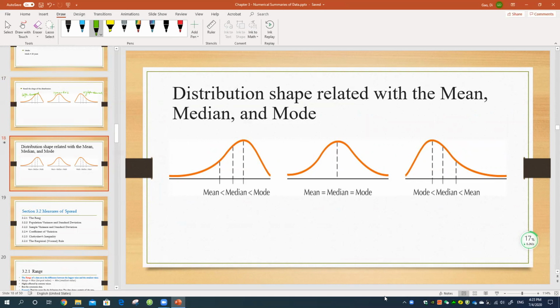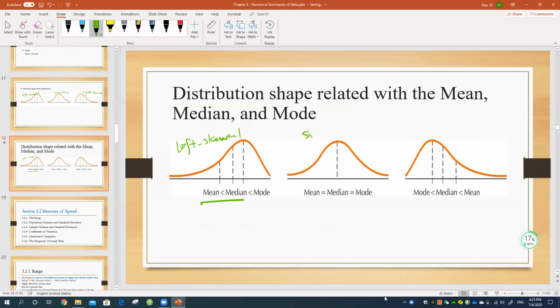When you have a long left tail, because of some unusual small numbers, the small numbers are going to drag the center towards the small numbers, because you add some really small numbers, but still there's some weight for them. So you drag that to the left. That makes the mean smaller than the median. So for a left skewed data set, you have mean smaller than median, smaller than mode.